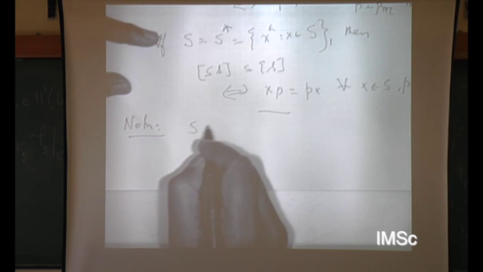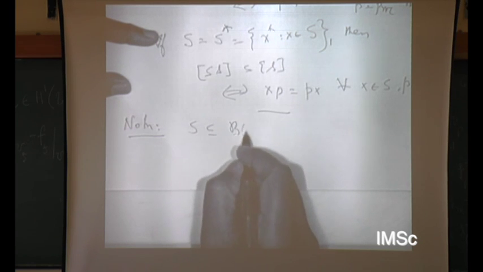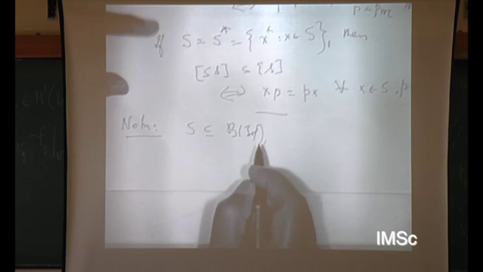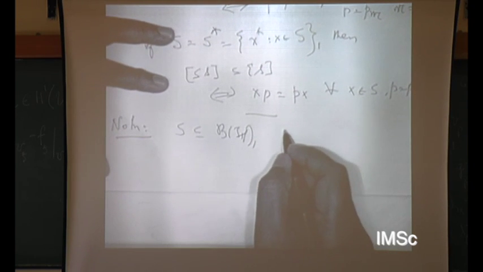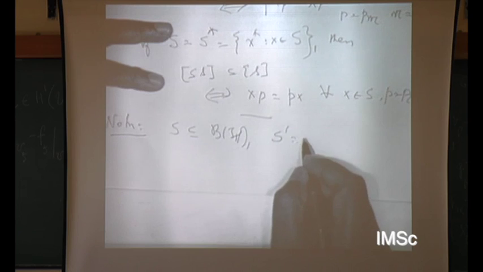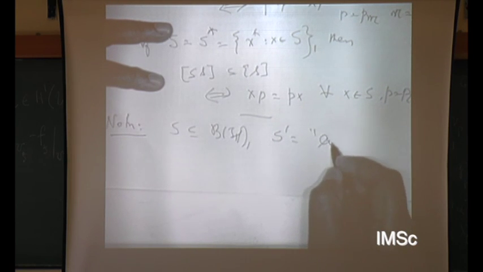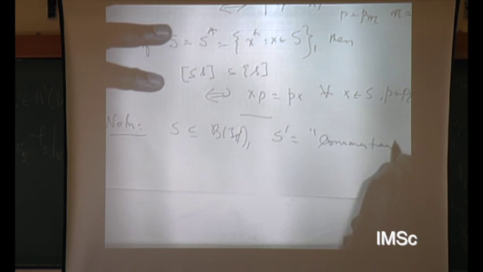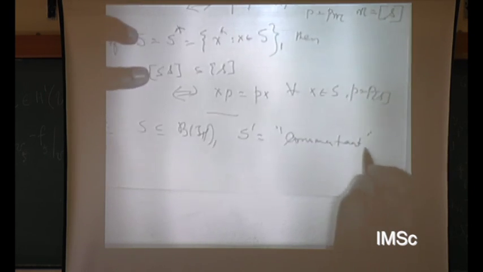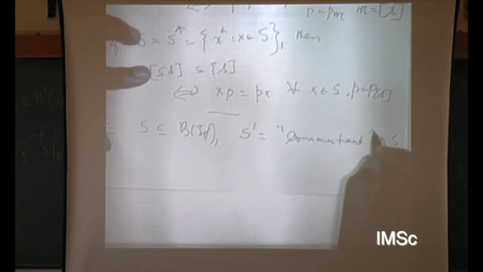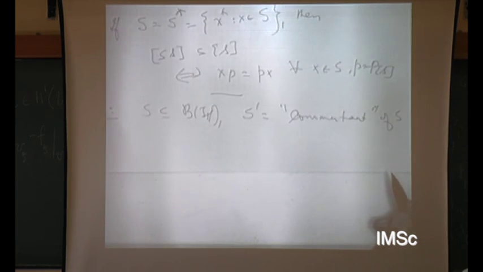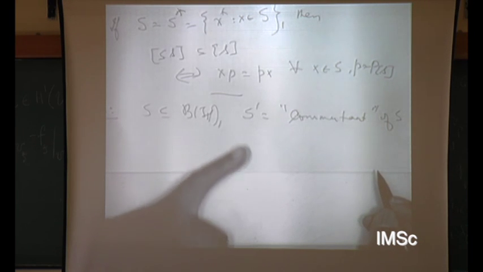For S contained in B of H, we write S prime for the so-called commutant of S. Algebraists usually use the word centralizer, but in operator theory it has become conventional to call it commutant. What is this? This is all those things which commute with everything in S.